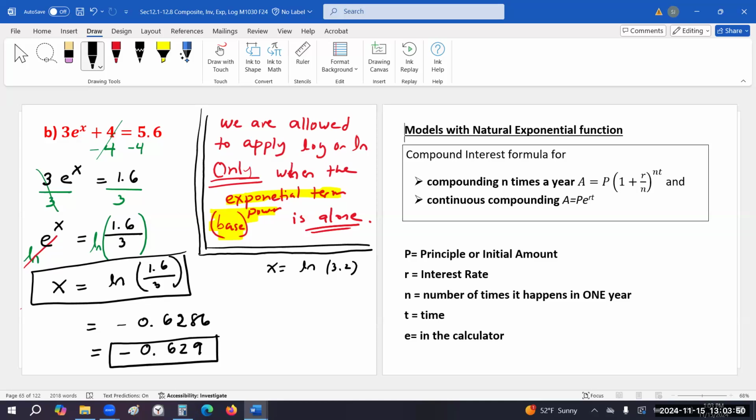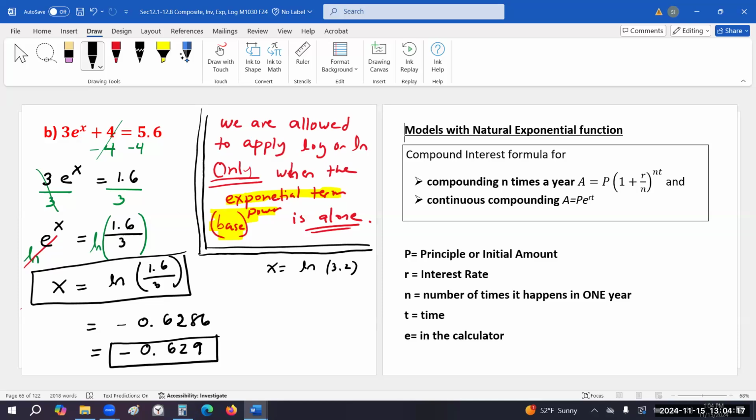N means how many times you're compounding in 1 year. Let's say you want to do annual compounding. Annual means we do it once a year, right? So N should be 1. If someone says, I want to compound monthly, monthly means how many times you are going to do it in a year? 12 times. So N will be 12.